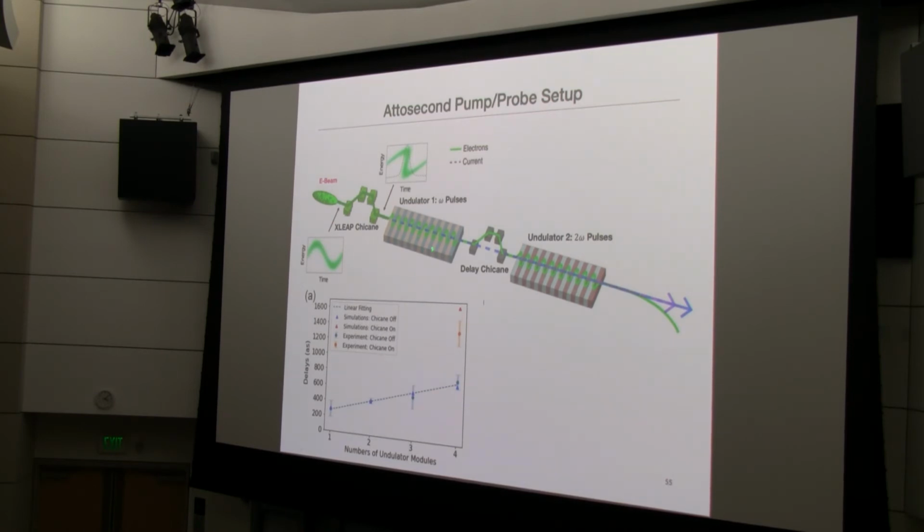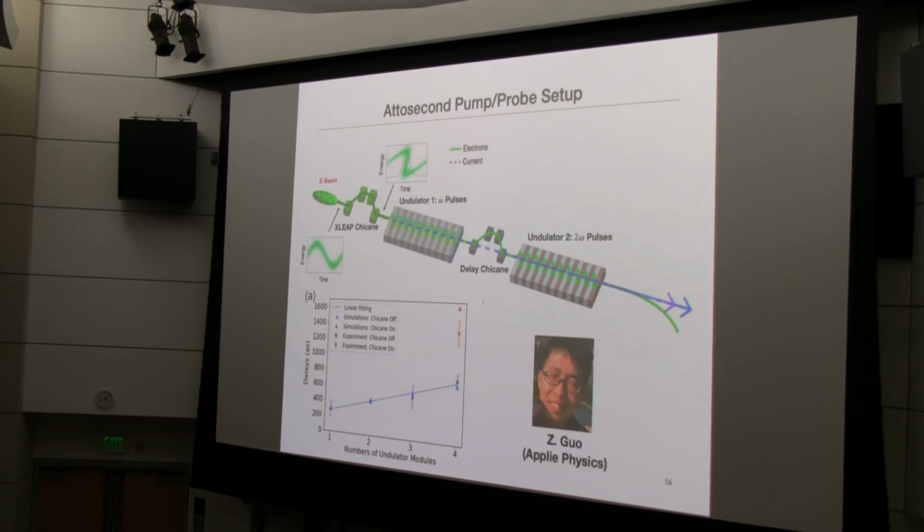So the jitter between the 2 pulses that you're making is on the 100 attosecond level. And then you introduce a delay line for the electron, so you can control the delay between these two pulses. Again, we use our auto clock to measure this delay and make sure that we knew what we were doing. You can actually control the delay between pulses with 150 to 100 attosecond steps, depending on the energy.